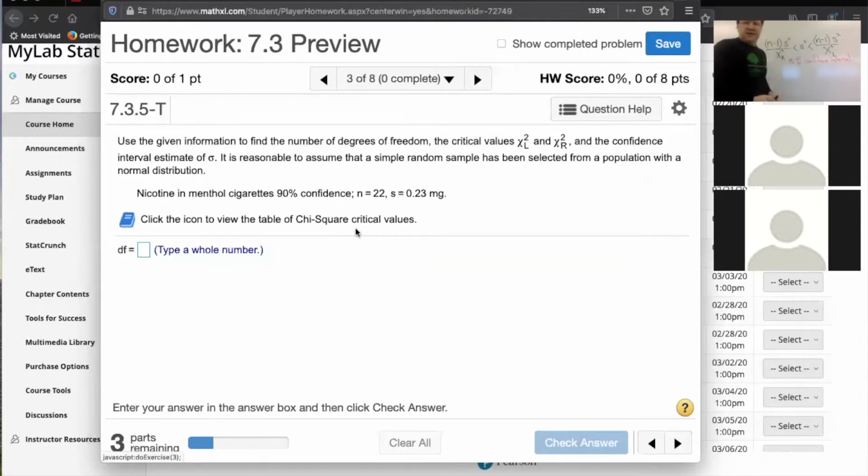Your goal is to find a 90% confidence interval where n, that is to say the sample size, is 22.